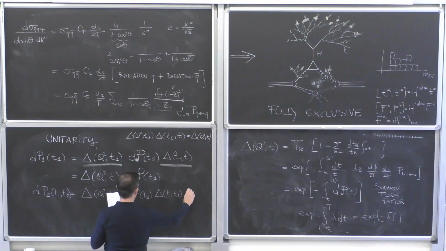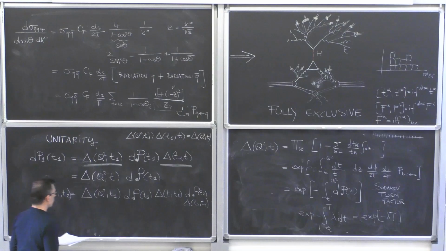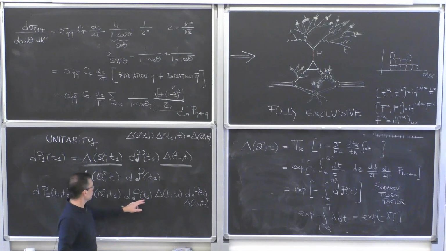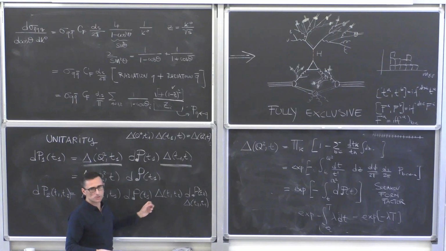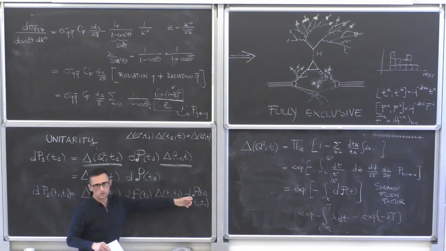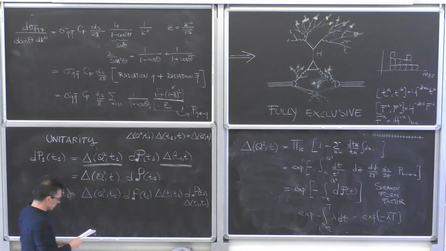Then I emit at t2, and then I have the Sudakov at the end. And these I combine, the Sudakovs again, and then I have to order them, because this happens before the other. I decided that it happens before, so I will have to take this into account.